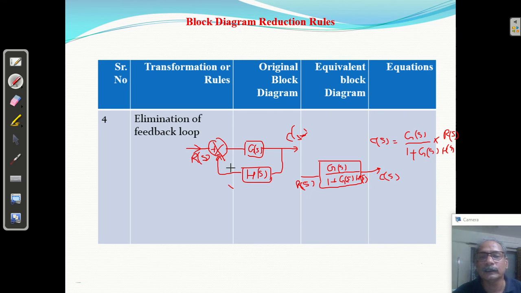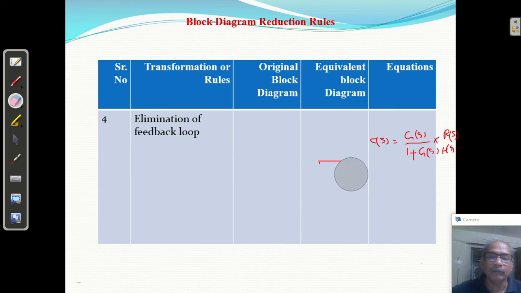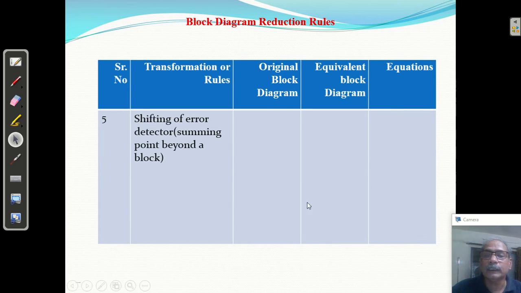Next part I am going to discuss, that is rule number 5. Shifting of error detector, or we can say summing point, beyond a block.